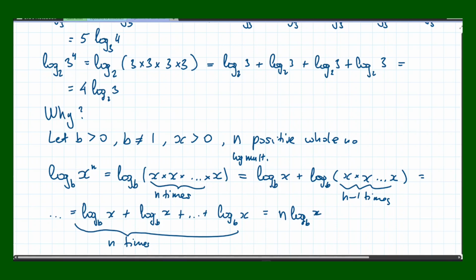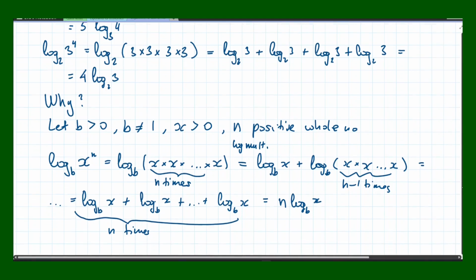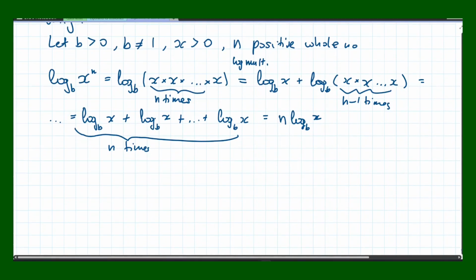Now remember, because we are working with mathematics for economics, it's always nice to see how these rules work with the natural log. So let's make some more space and then write out this same rule for the natural log.